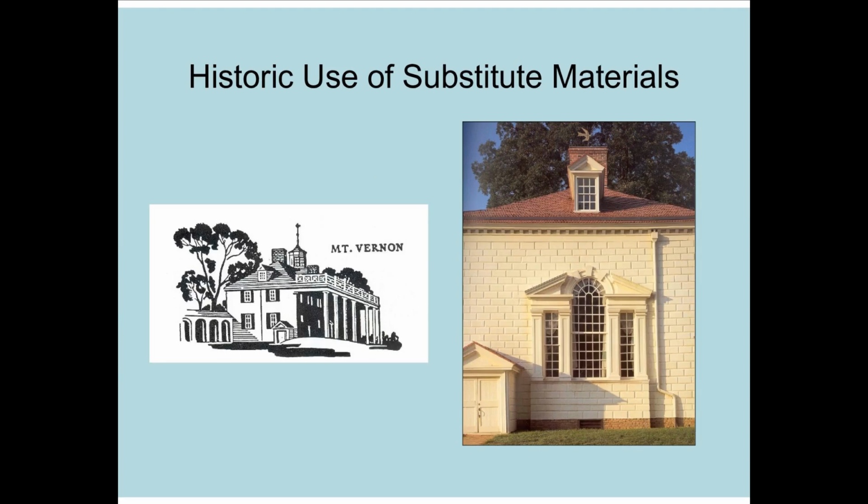The tradition of using cheaper and more common materials in imitation of more expensive and less available materials is a long one. George Washington used wood painted with sand-impregnated paint at Mount Vernon to imitate cut ashlar stone.